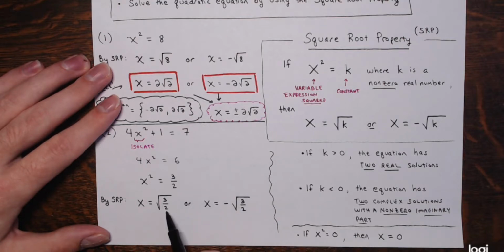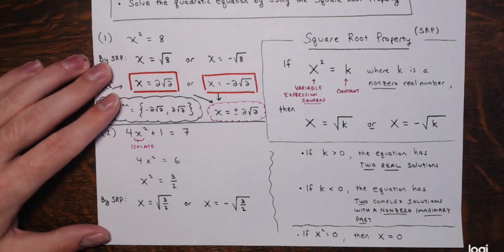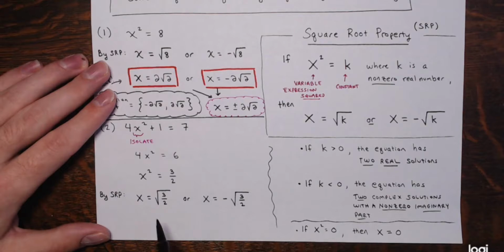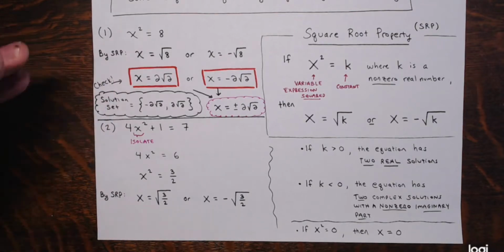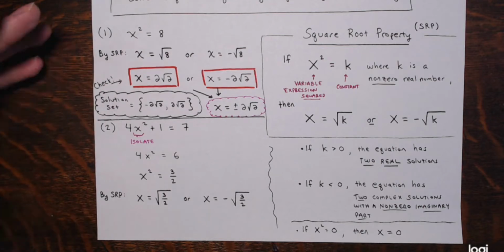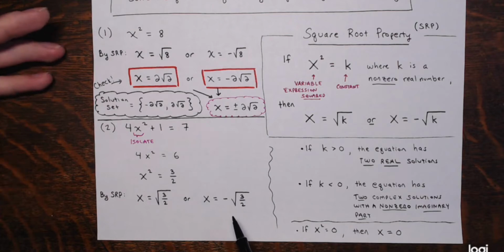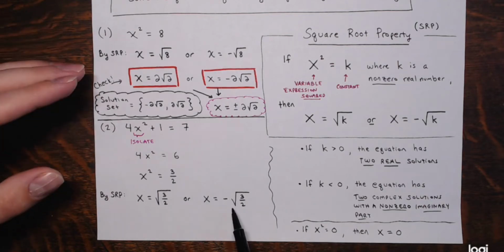Now, of course, we're going to be asked to rationalize denominators in most of our exercises. See, there's a denominator inside a root, and that's usually not acceptable. I mean, this is totally fine. These are the solutions. Nothing wrong with these.